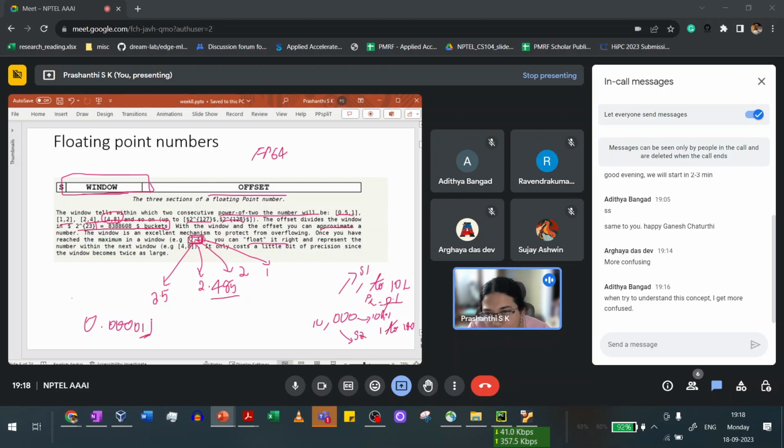It will at most be off by this much. So when I talk about that difference, it is the number itself versus what its representation comes out to be. Let's say this is x prime. So x minus x prime is what I am talking about, right? So this is the precision in this system.